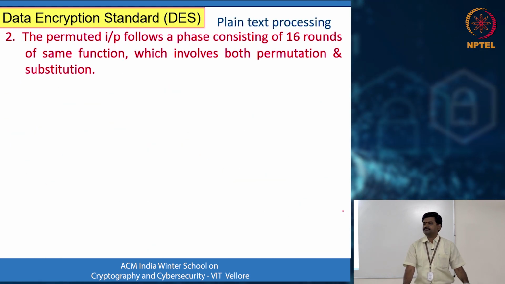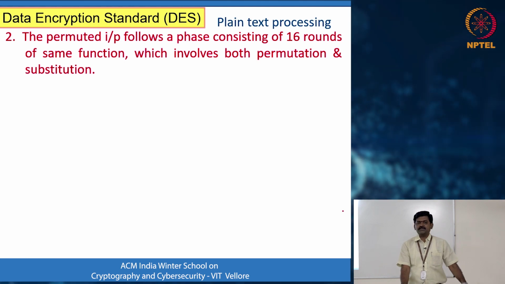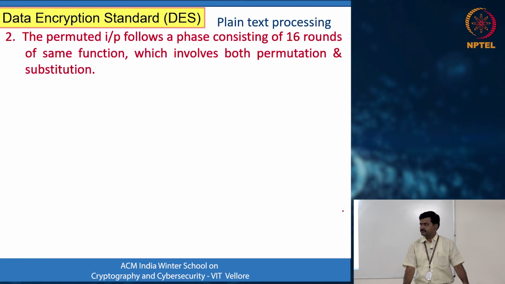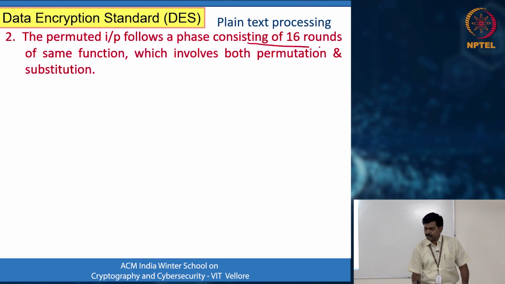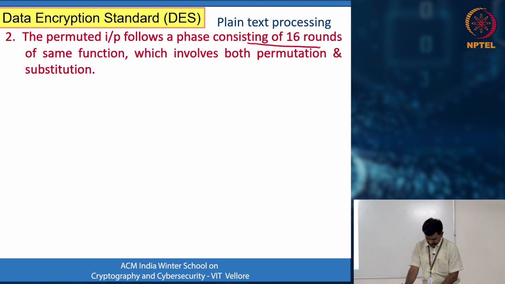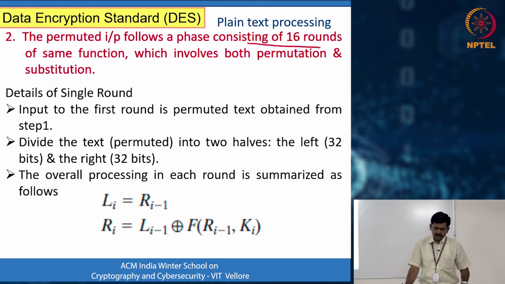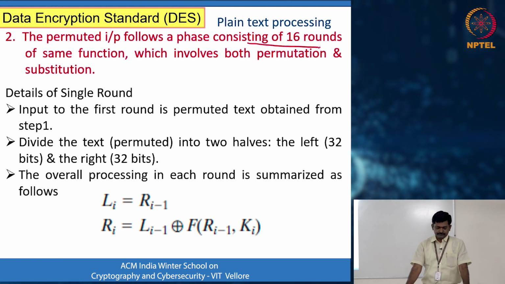Next, what is the second step? Once you do the initial permutation, as per Feistel structure, what should be done? Divide into 2 halves, and then apply 16 rounds of operations. So, what happens in each round?